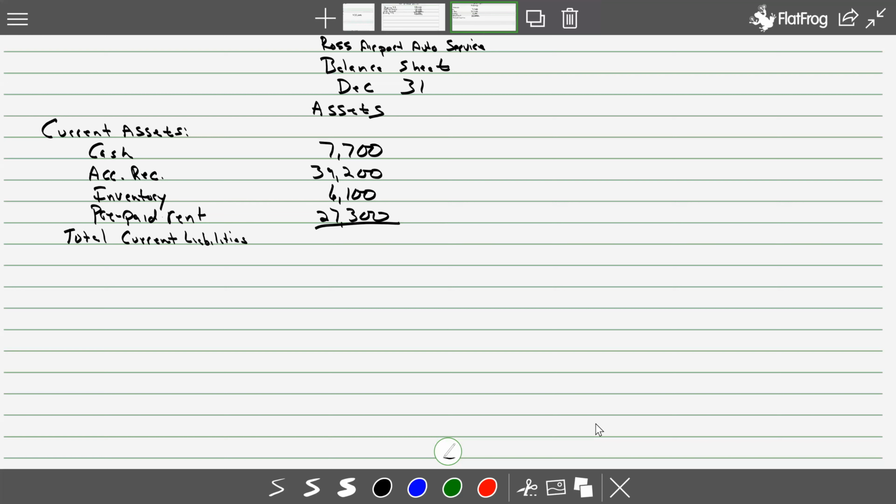We're gonna add those up to get our total current assets. I get that to be $80,300.